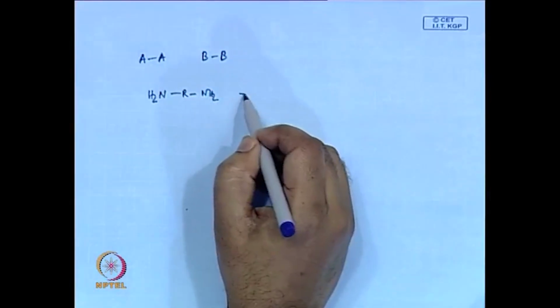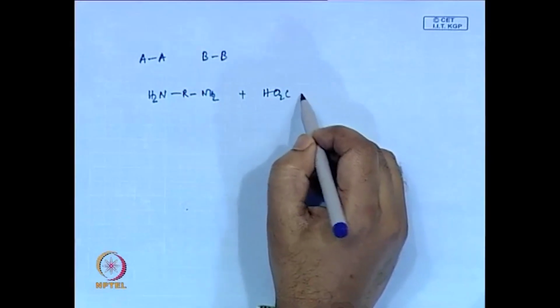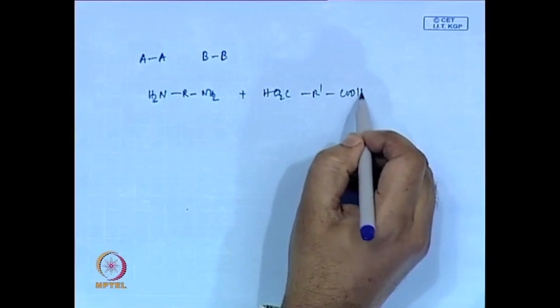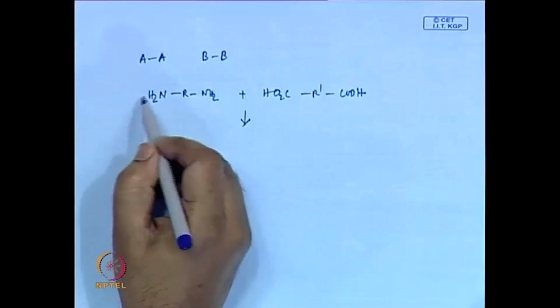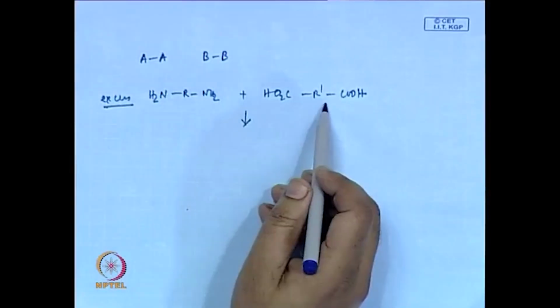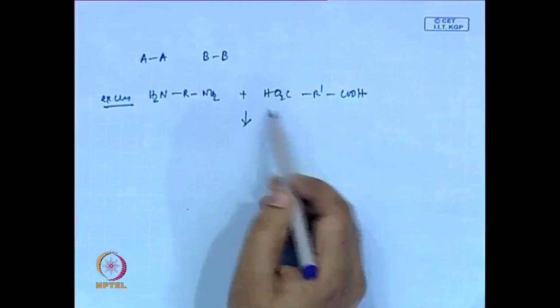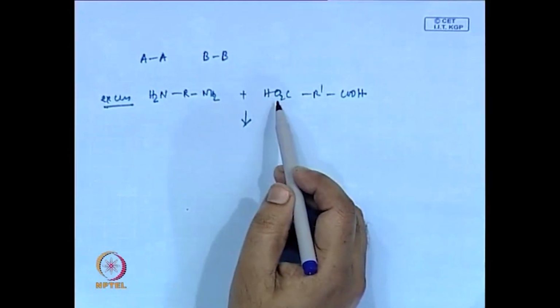If I take the amine as excess, it will react with the acid functionality as long as it is present, because the acid is present in a smaller amount.